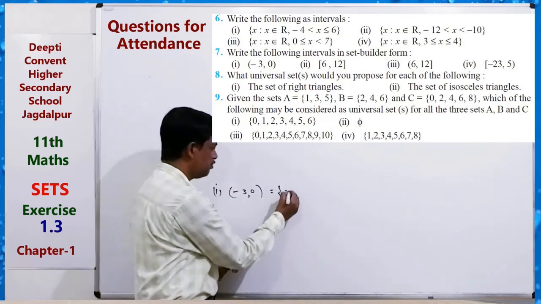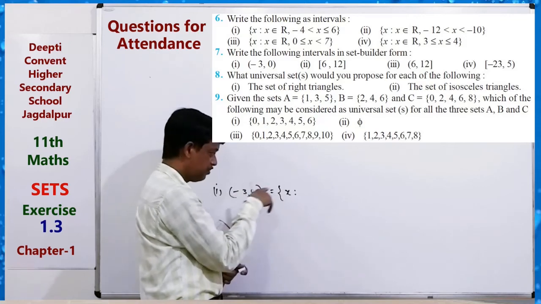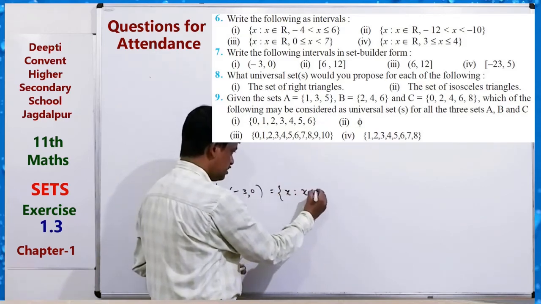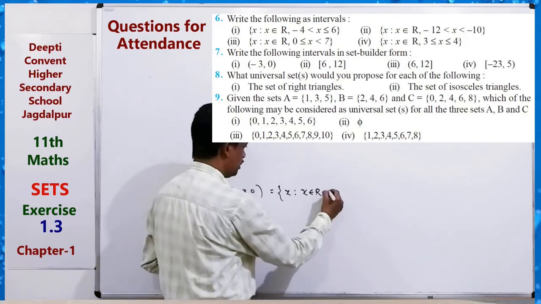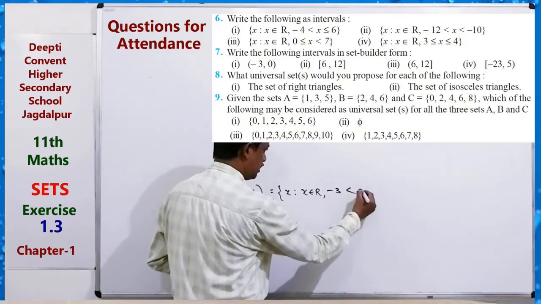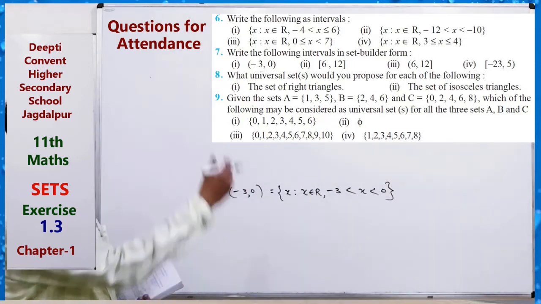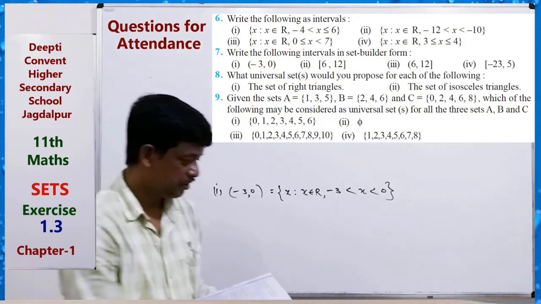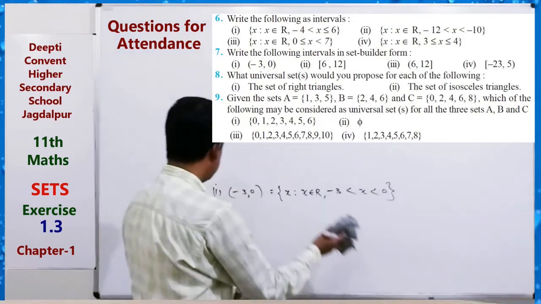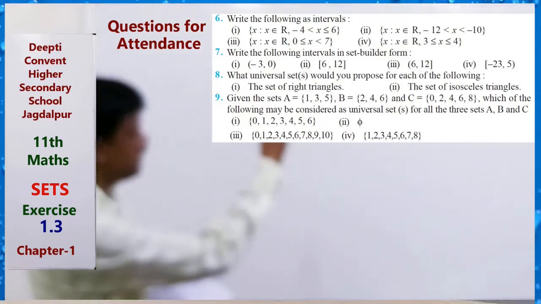So the set builder form is {x such that x is a real number, and both sides are open, so -3 < x < 0}. This is the set builder form. So just write the solution of these questions. Okay, and also solve question 8.